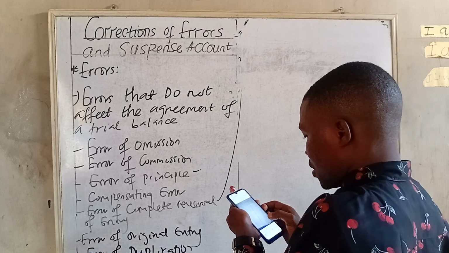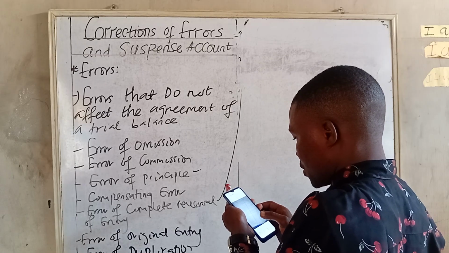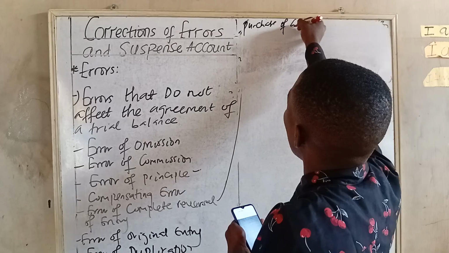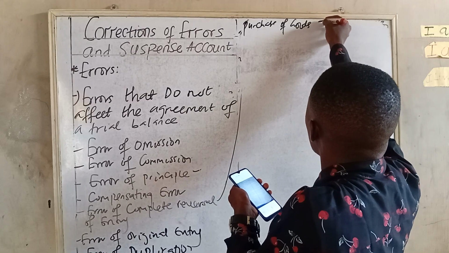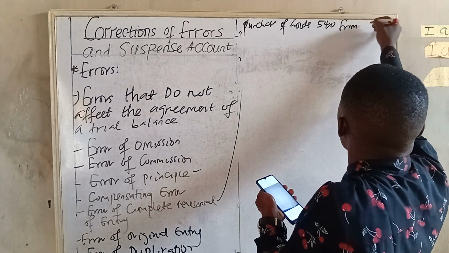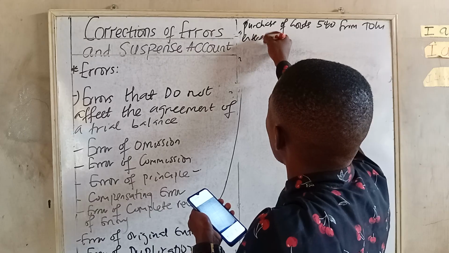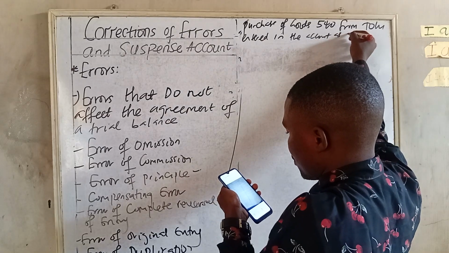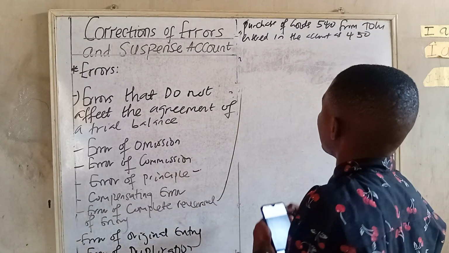So let's see a transaction here. Purchase of goods, 540, from Tolu, entered in the account as 450.